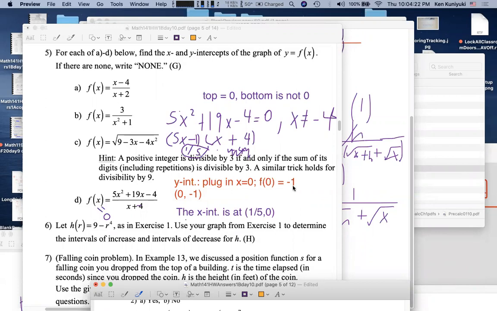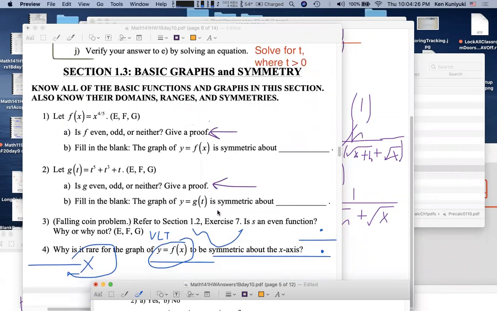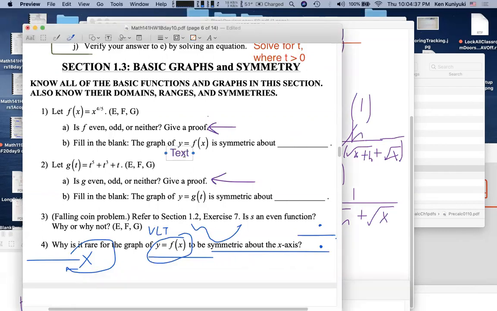Okay, 132A. How do we prove that g of t is odd? To prove even or odd, you want to analyze, in this case, g of the opposite of t.